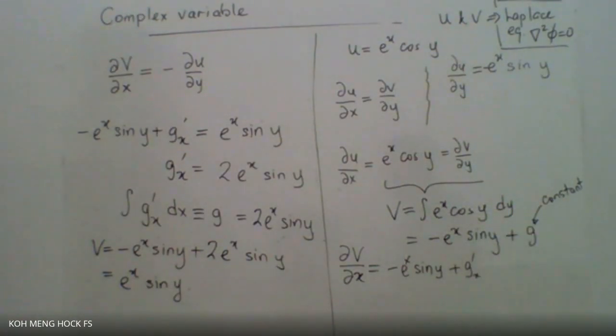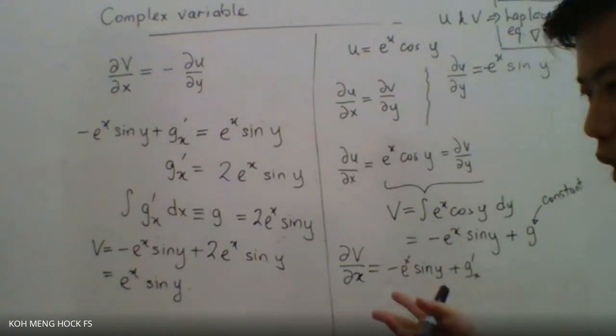The analytic function obeys the Laplace equation, and this is how you prove whether a function obeys the Laplace equation or not. In this complex function, you have a u and a v. The u is the real part, v is the imaginary part. And since they obey the Laplace equation, u and v are called conjugate harmonic functions. And if you know one, you will know the other.